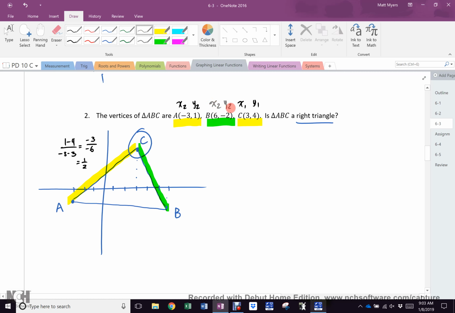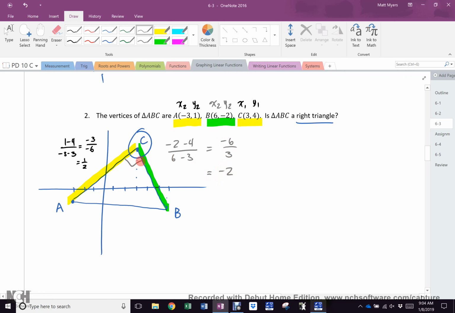And then I'm going to do my math. Negative 2 minus 4 over 6 minus 3. What's negative 2 minus 4? He waited patiently. Negative 6. What's 6 minus 3? What's 6 divided by 3? Negative 2.